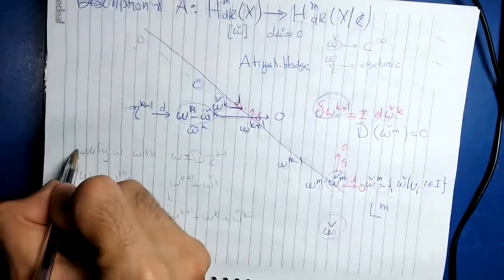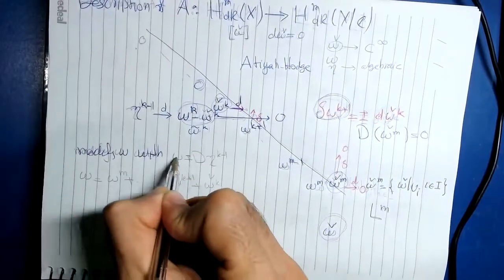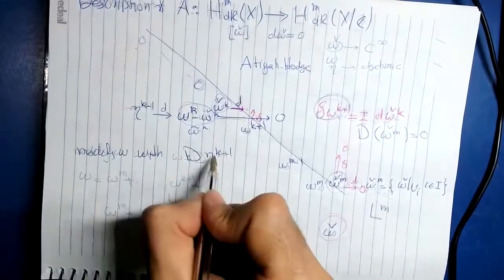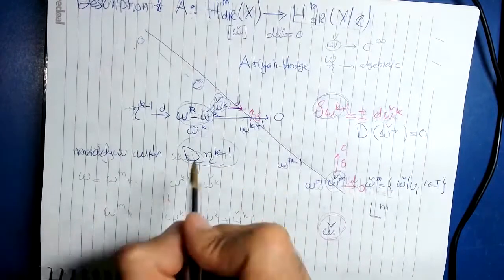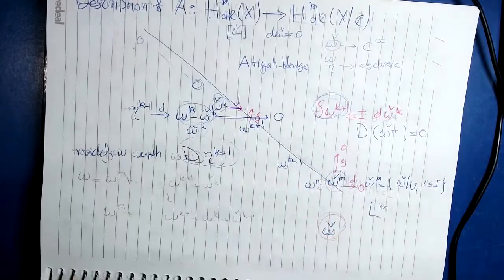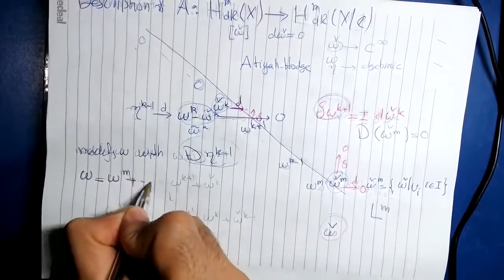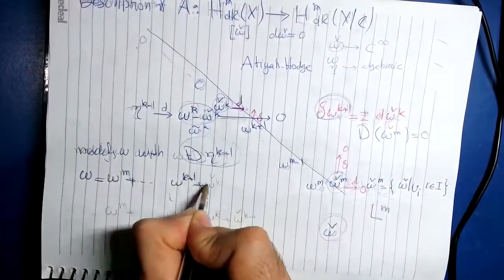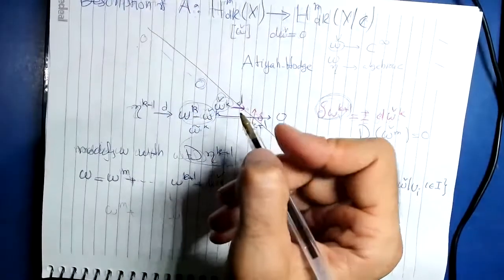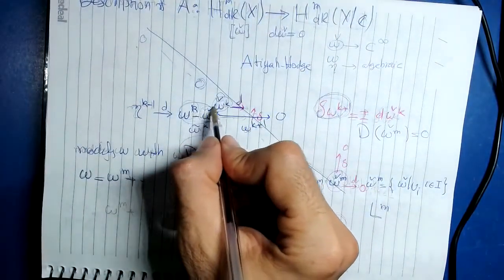So now we modify omega. This means that I will add plus or minus one of this to my element. So I had omega equal to omega^m plus omega^{k+1} plus omega check^k. Once I do this, this will be cancelled.